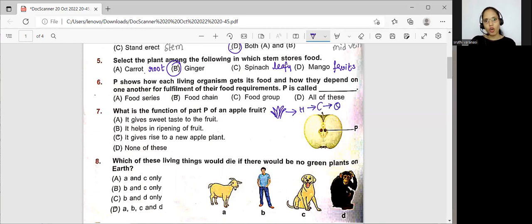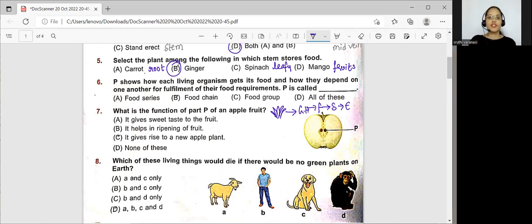Carnivores are eaten by omnivores. Now, if you talk about examples, grass is eaten by a grasshopper. The grasshopper is further eaten by a frog. Frog is eaten by a snake. Snake is eaten by an eagle. So through the food chain, you can know how living organisms are dependent on each other to fulfill their food requirements.